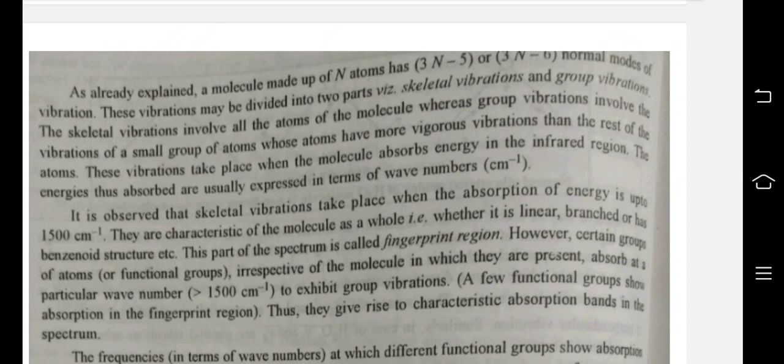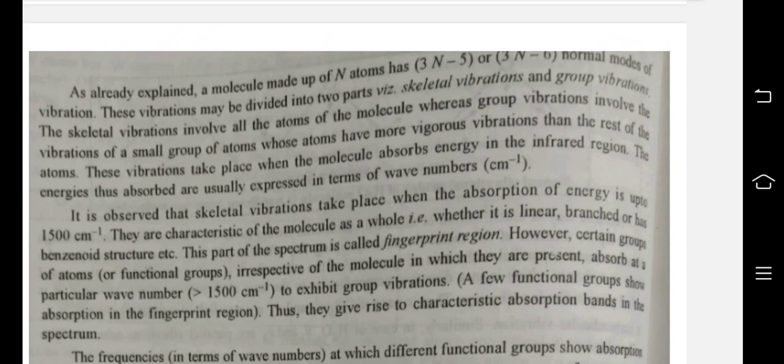These vibrations may be divided into two parts: skeletal vibrations and group vibrations. The skeletal vibrations involve all the atoms of the molecule, whereas group vibrations involve the vibration of a small group of atoms whose atoms have more vigorous vibrations than the rest of the atoms.